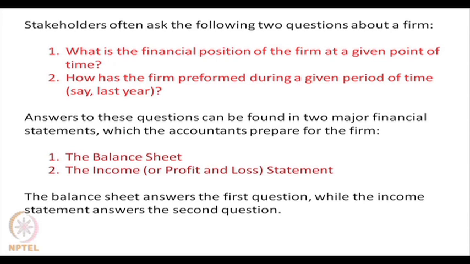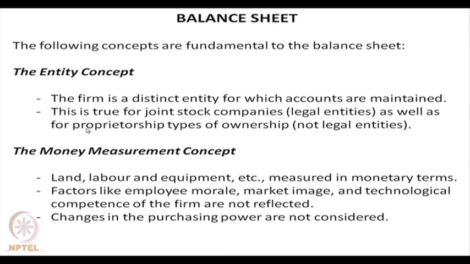First question is, what is the financial position of a firm at a given point of time, while the income statement answers the second question, namely how has the firm performed during a given period of time, say last year. We look at the balance sheet first.